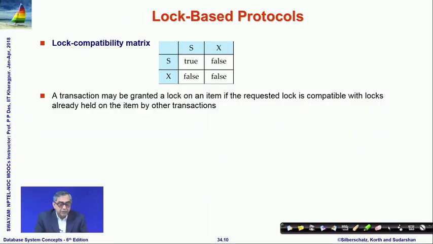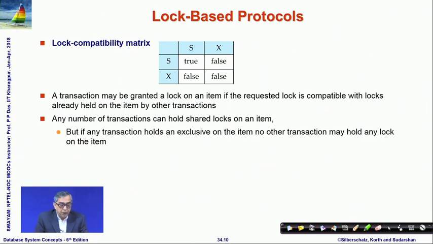So, if the transaction is granted a lock, it is compatible with the lock that is already held by another transaction; you cannot get an incompatible lock granted to you. Any number of transactions certainly can hold the shared lock on an item, but if any transaction wants to have an exclusive lock on the item, then no other transaction may hold any lock on that item. So, if I want to write as a transaction, I must be the only transaction who has that exclusive lock.